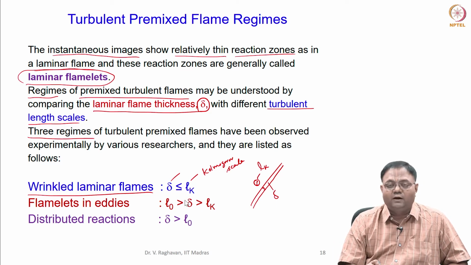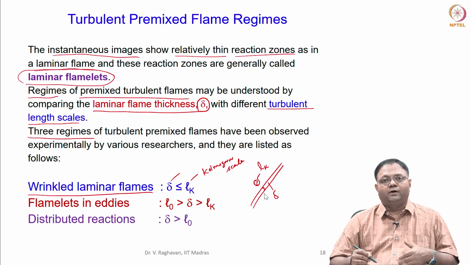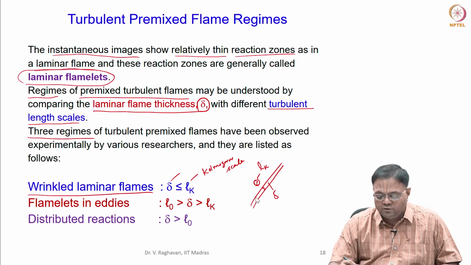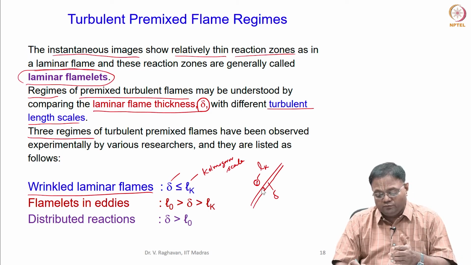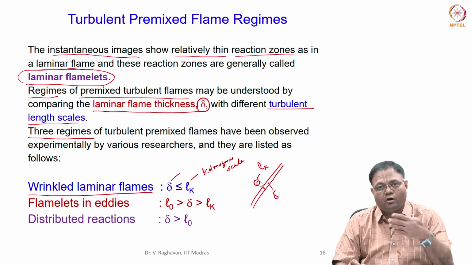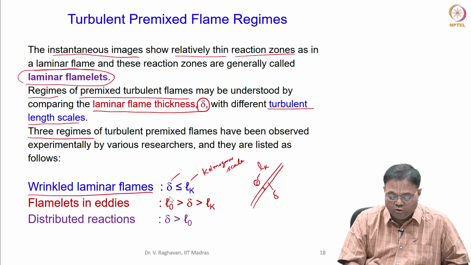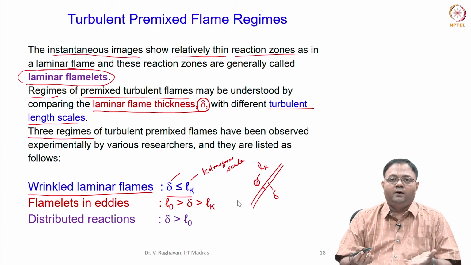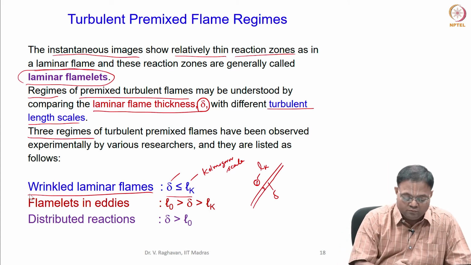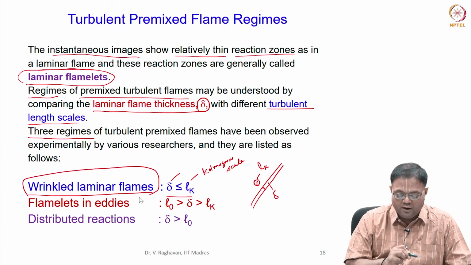So that means that the eddy cannot penetrate into this, because the flame zone, the reaction zone, is extremely fast, and because the eddy length scale is larger than that, it cannot penetrate there. So in this case, eddy can only act outside the surface of the flame. That will form what is called the wrinkled laminar flames.